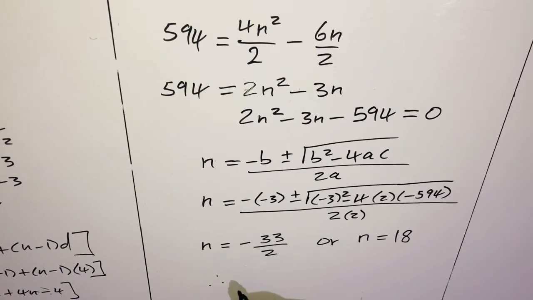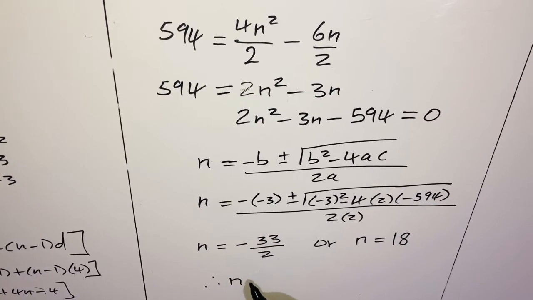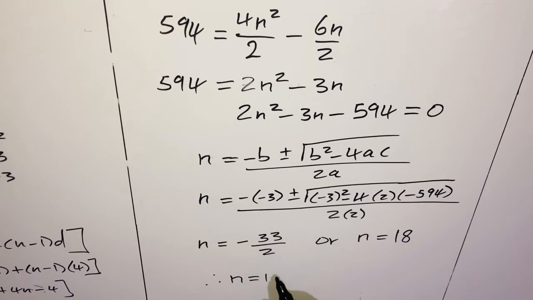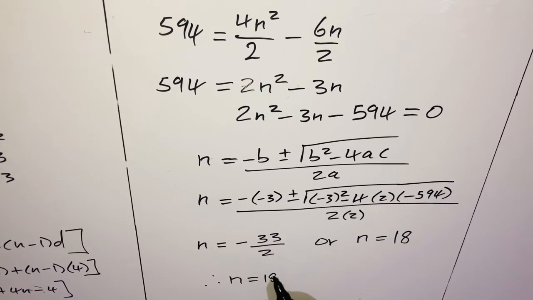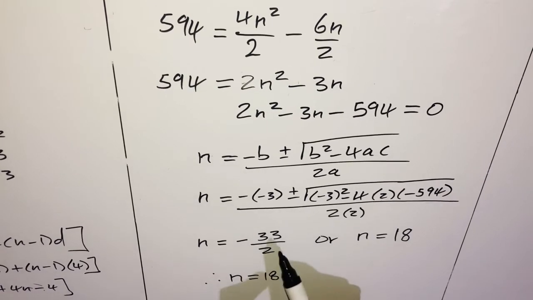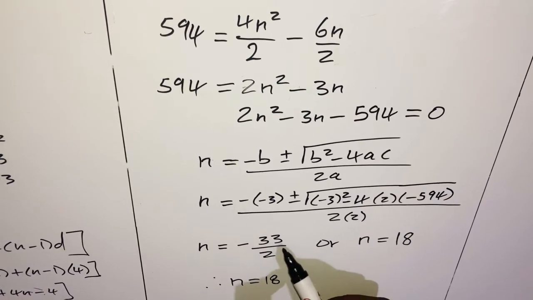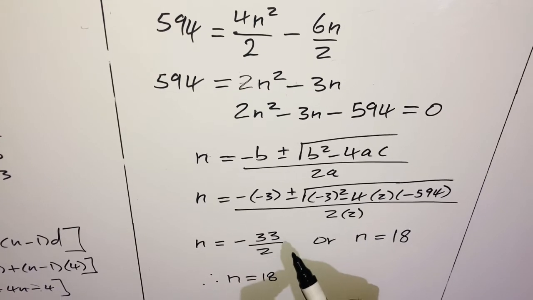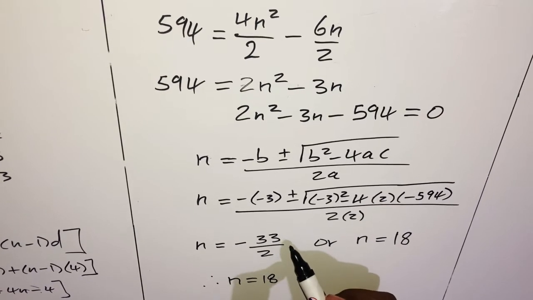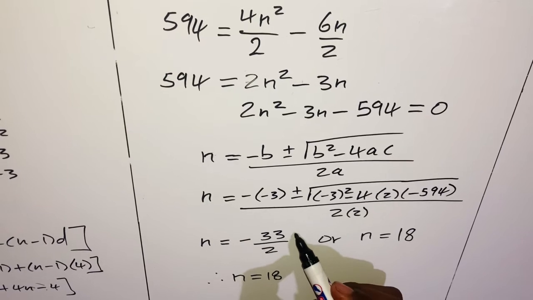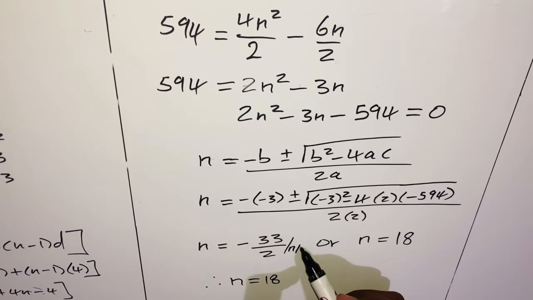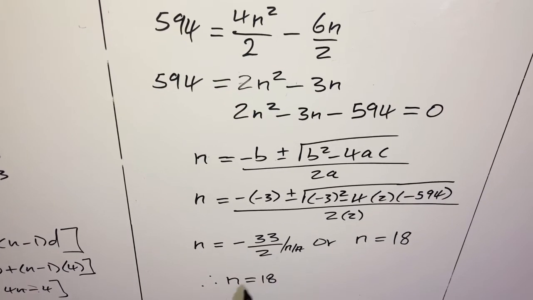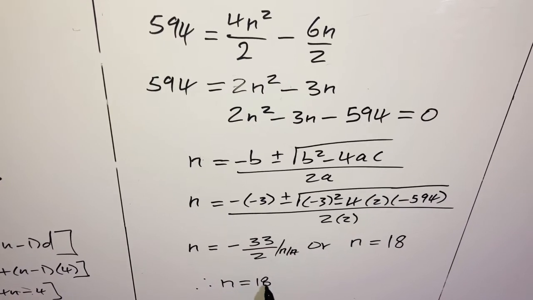Therefore, you draw the conclusion that your n was actually 18, for you cannot have the number of terms being negative. So this one is not applicable. Then we conclude that our n is actually 18.